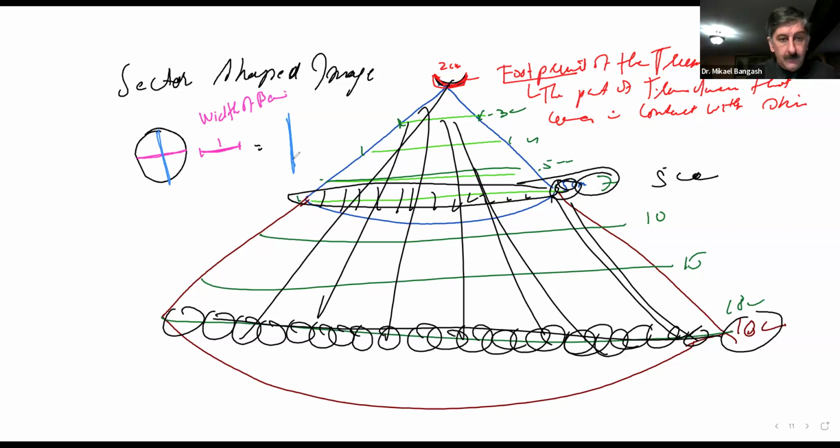And what this one here will determine is the height of the beam, which of course is going to narrow down at the focus.